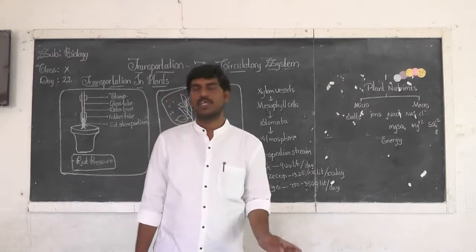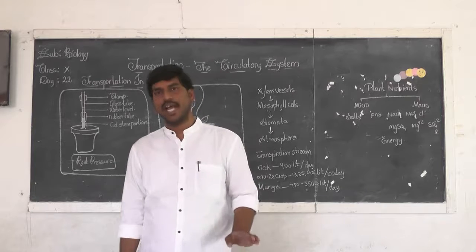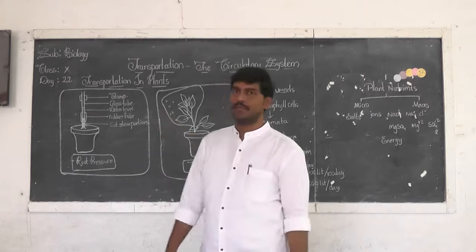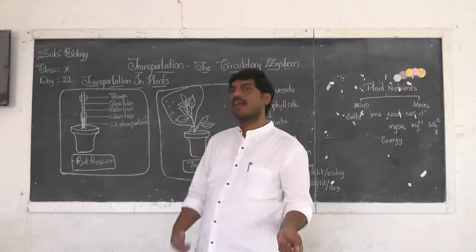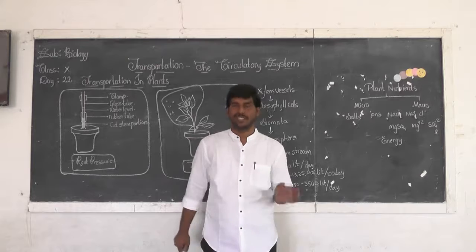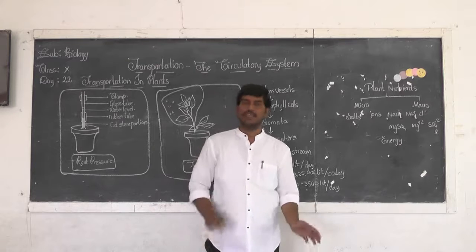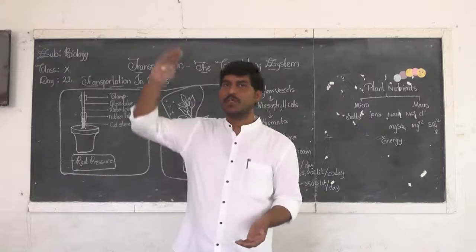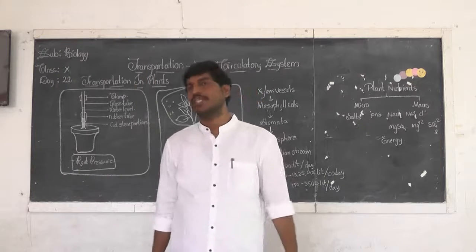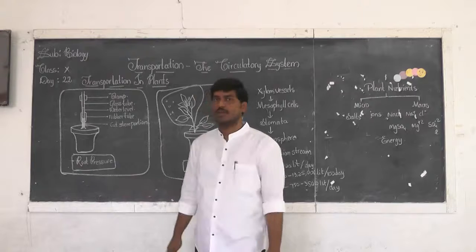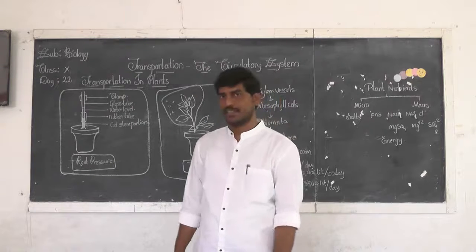The water enters into the xylem vessel, and from the xylem vessel it enters into the plant. Like how our blood is supplied with the help of certain pressure, the same way water is also transported from root to the stem with the help of certain pressure, and let us try to demonstrate that in the form of root pressure, right?